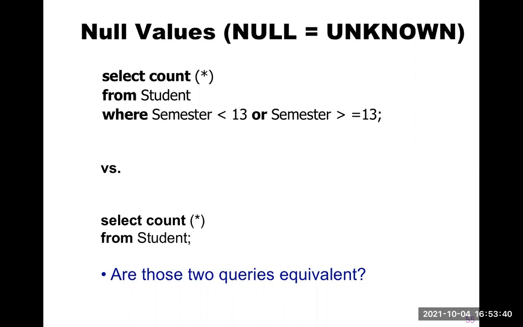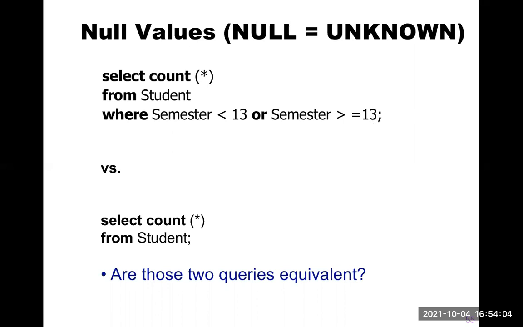So the matter may be that some students have no semester value set. The first query, trying to compare the semester of null with this value or that value, returns no. Null is not lesser than something nor greater than something. Null is a null.